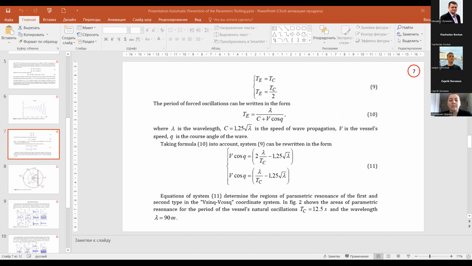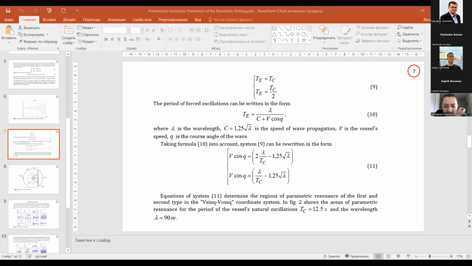The condition for the occurrence of parametric resonance is the coincidence of the forced oscillation period Te with the natural oscillation period Tc of the vessel in the roll channel. This is parametric resonance of the first type.